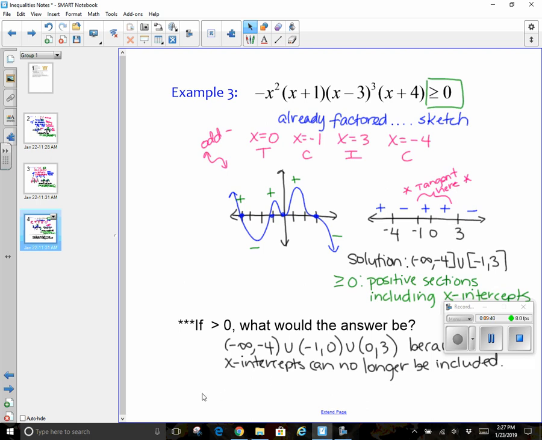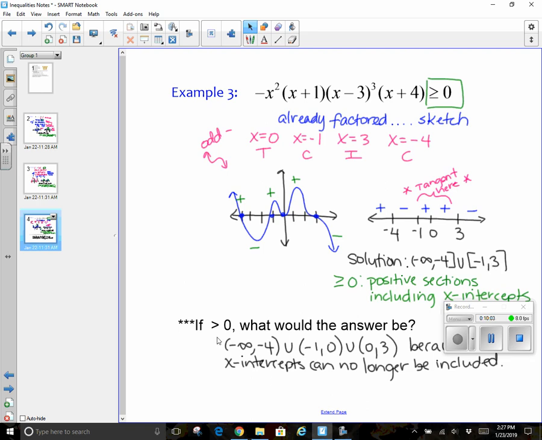So then the question is, if it was greater than 0 instead of greater than or equal to 0, what would the answer be? If it were just greater than 0, then you could no longer include the x-intercepts, which means you couldn't do one big section right here, because this section, -1 to 3, includes the x-intercept of 0.